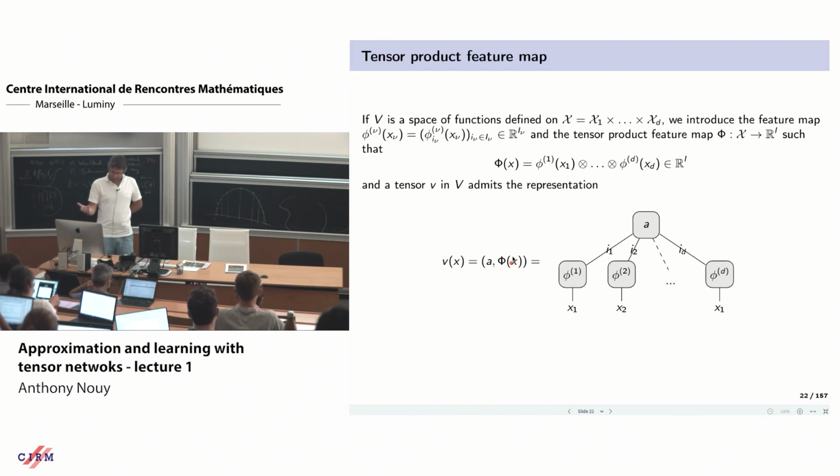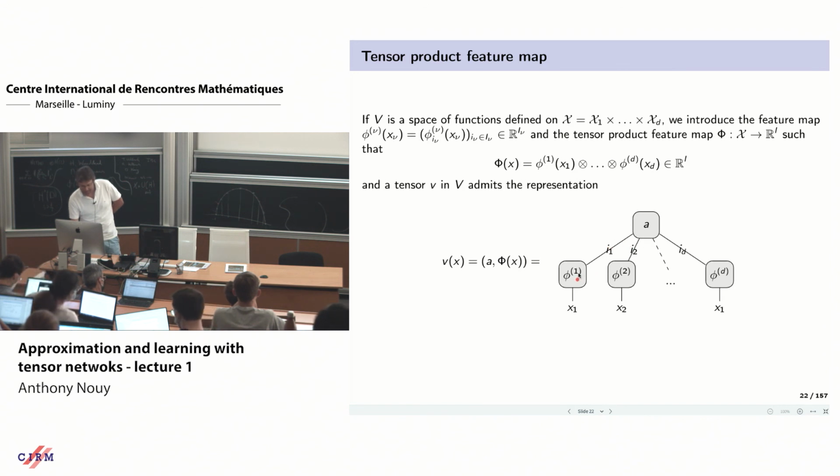And then I can have a nice representation of a tensor, v(x), as the canonical inner product between the coefficients a and the tensor product feature map φ(x). Okay? This is a pointwise evaluation of your function v, which is given by an inner product between two tensors. And the tensor diagram notation for this is the following one. You have here a tensor a of order d, a general tensor of coefficients, with indices i_1, i_2, and so on.